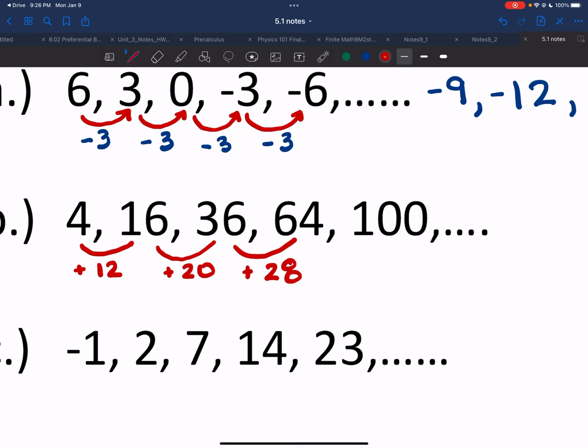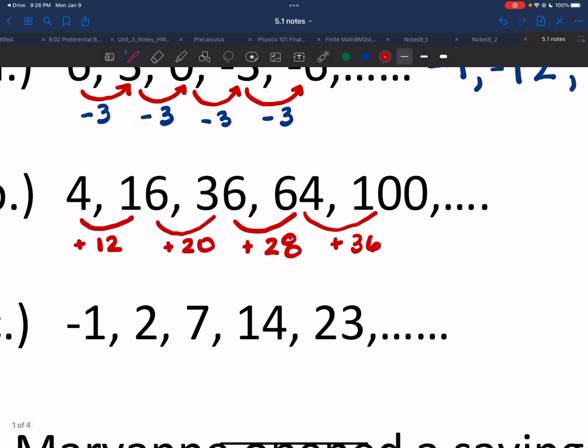To get from 64 to 100, I added 36. All right, so initially I see that they're all even, and I'm starting to see a pattern here, right? This is almost like a secondary pattern.